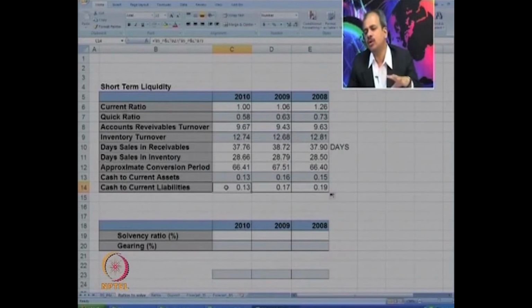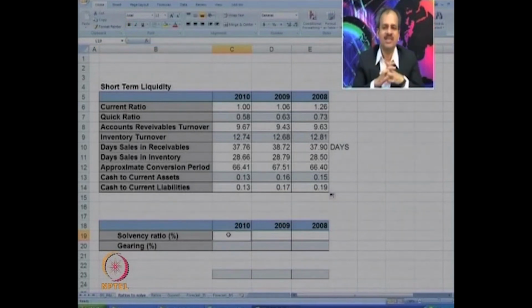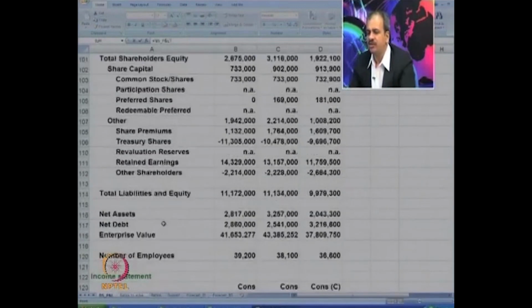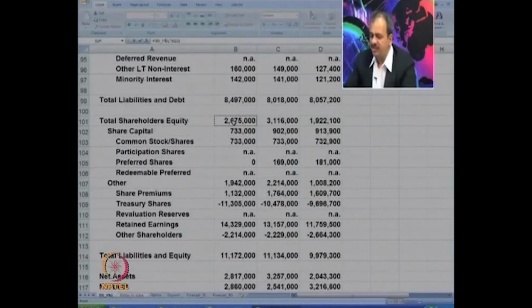Now let us go for some relationships about their capital structure. There are two popular ratios, one is a solvency ratio and the other is a gearing ratio. In the solvency ratio, as you know, we try to find the proprietors' funds versus the total funds. So let us go to the balance sheet. We can see here total shareholders' equity.